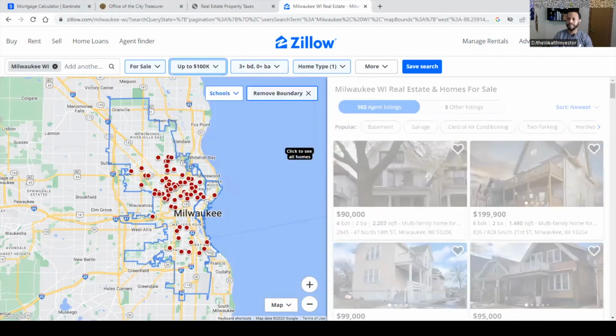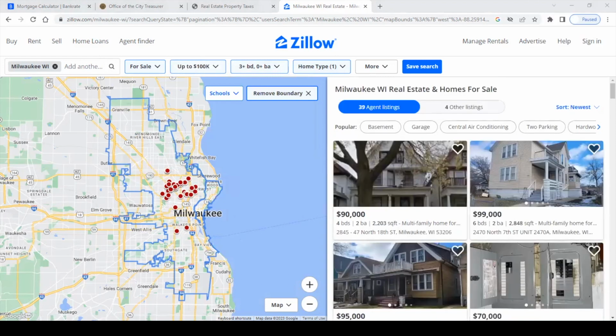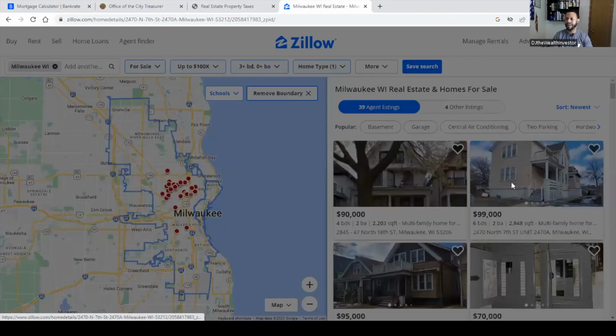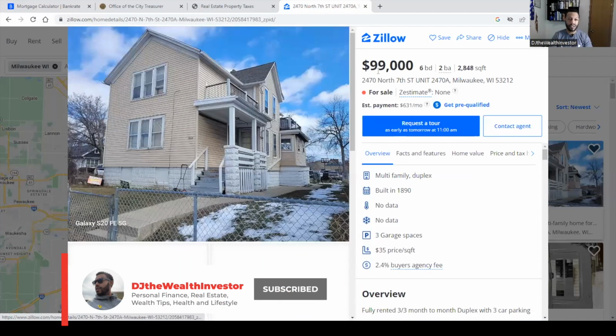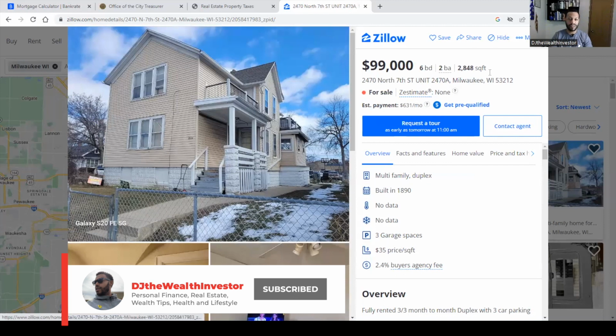Hit apply. All right. There we go. So let's look at this one right here. So here's a property I just found on Zillow that's for sale for $100,000.